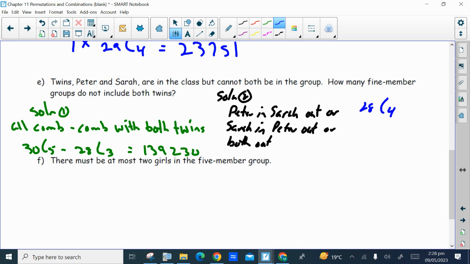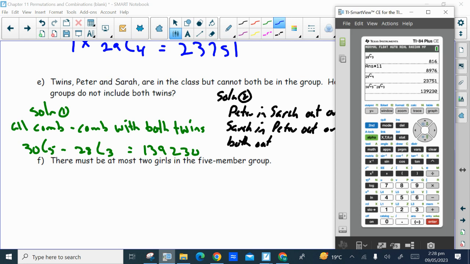If Sarah's in, there's one of the 30. There's 29 left, but it can't be Peter. So now we're down to 28 to choose the remaining 4. We could say it's 1 times, and that 1 represents Peter in and Sarah out. Only one way that can happen. And if they're both out, that means you're selecting 5 from the other 28 students. Because these are ORs, you will add all these up.